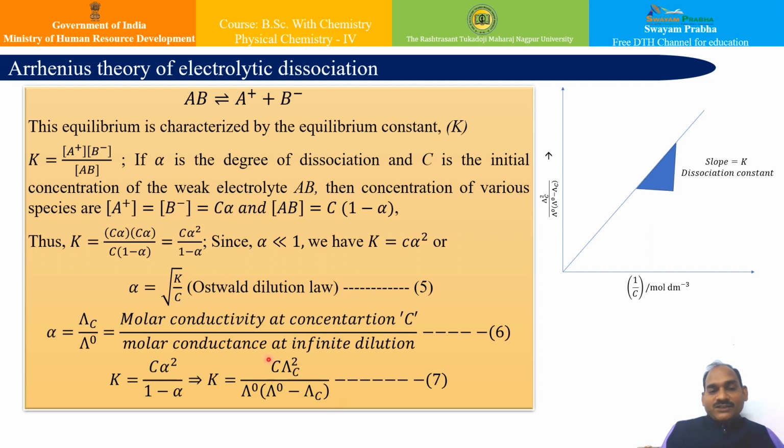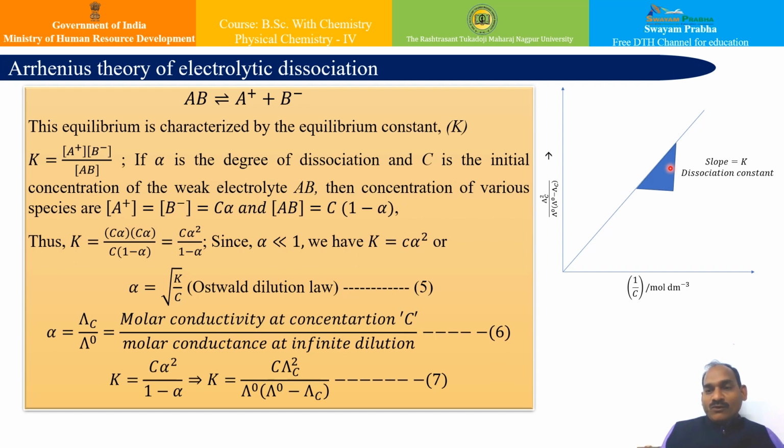So now this equation 7 gives me an opportunity to calculate K. If I take this C on this side in the denominator, and plot a graph of lambda C square upon this denominator part versus 1 upon C, I get the slope in the form of the dissociation constant.